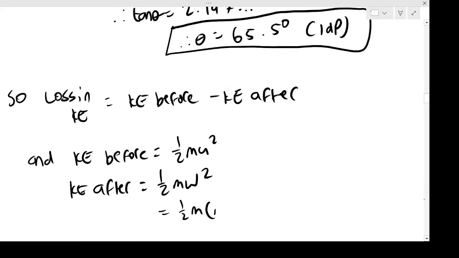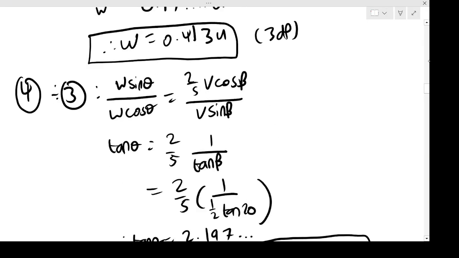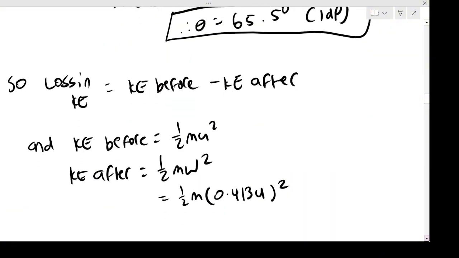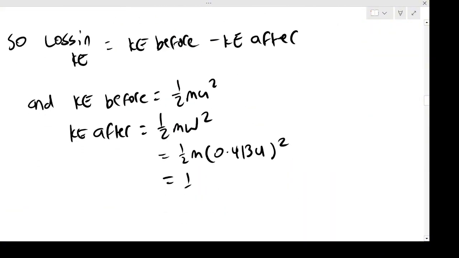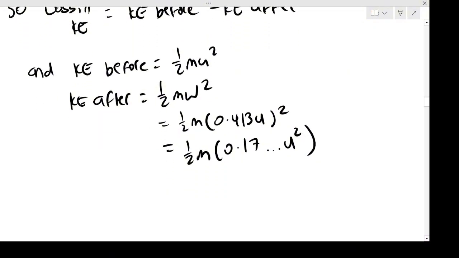So I'm going to sub that in, and we're going to need to square that. If we square that, we're going to get half m lots of 0.413 squared, which is 0.17 blah blah blah u squared.